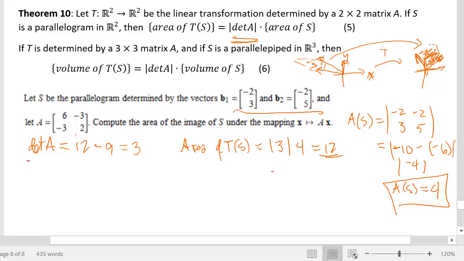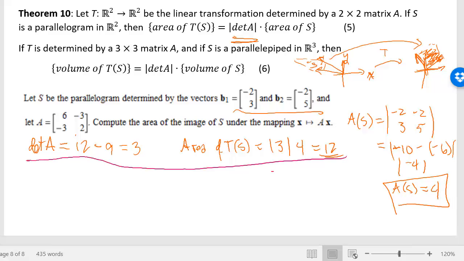Let's double check our result by actually sending the vectors b1 and b2 over to this new space. So for that, we need to find out what AB1 is. And AB1 is going to be 6, -3, -3, 2. That's our matrix A. We're going to apply B1 to it, -2, 3. You can think of it as a matrix multiplication.